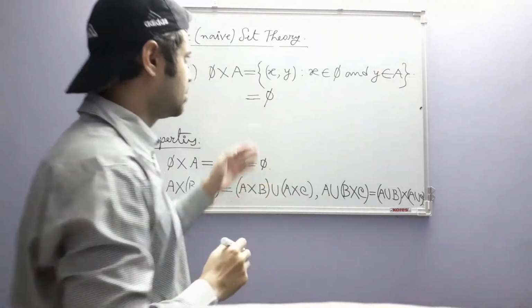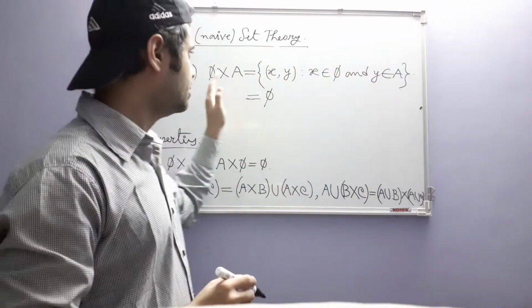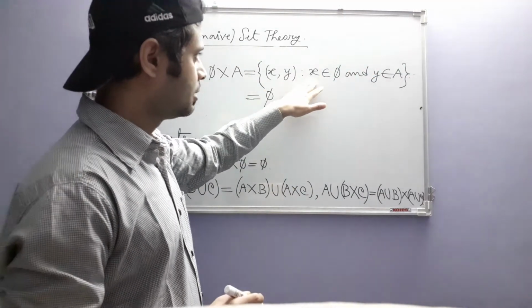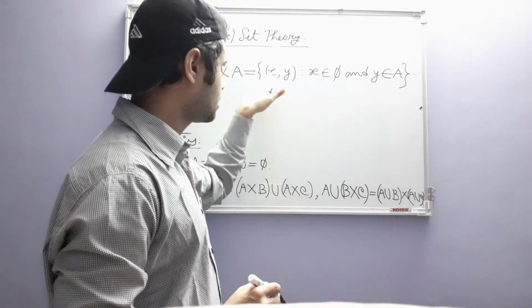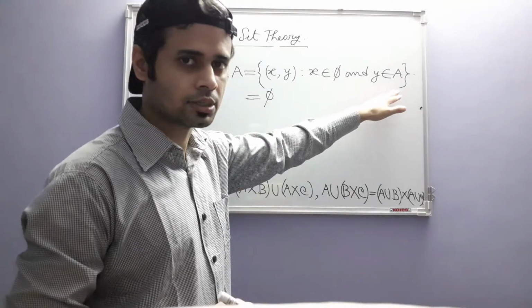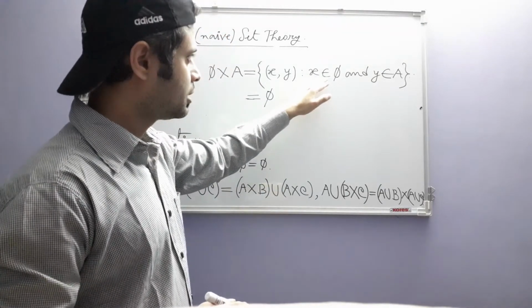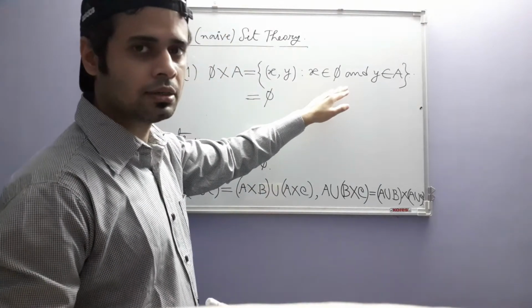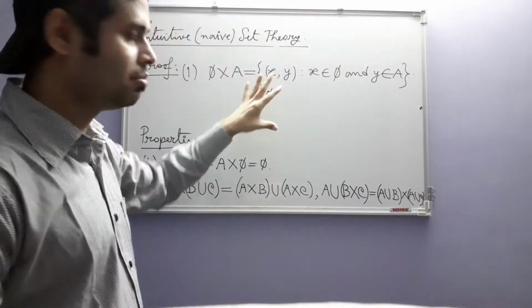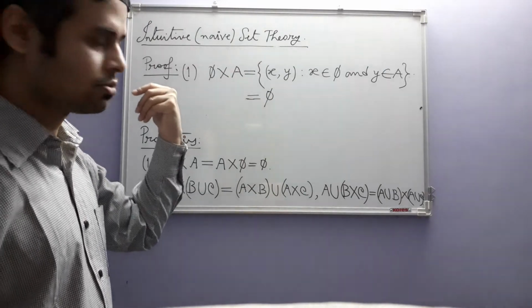Because for an ordered pair to be in this set, its first coordinate and second coordinate should satisfy these conditions. The first coordinate can never belong to the empty set. So that's why this set remains empty. That's why it is equal to the empty set.